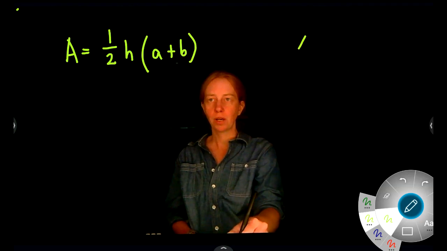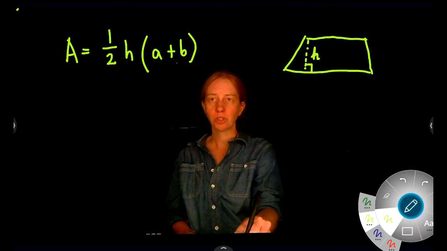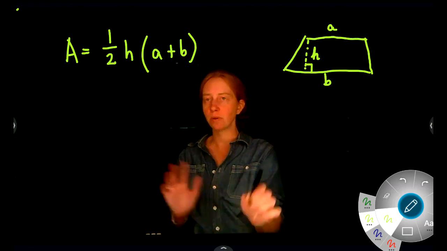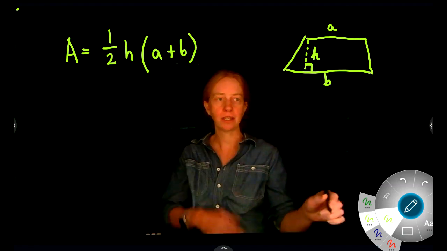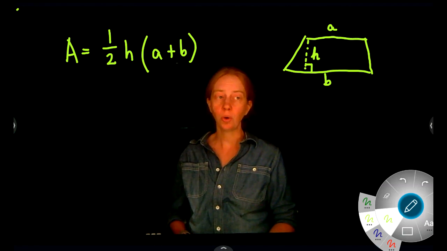Okay, so remember, a trapezoid looks like this. Okay, that's the messiest trapezoid ever. You have a height that has to be at a 90-degree angle. So this is your H. And then you have two lengths here, this top length and this bottom length. So that's what we're talking about. That's how you find it. And so what if you knew the height?